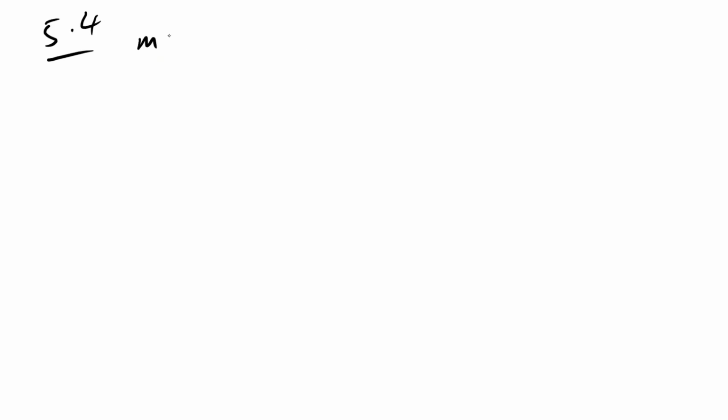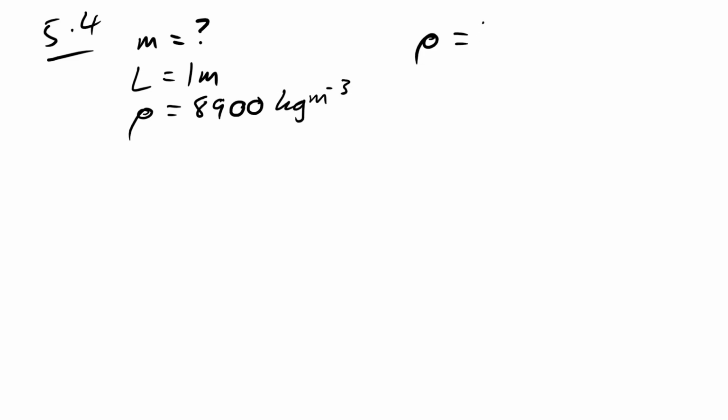So we're being asked to find the mass of a piece of wire. We're told the length is 1 meter. We're given the density of copper as 8,900 kilograms per meter cubed. So density is equal to mass divided by volume. Therefore, mass is going to be equal to density times volume. So therefore, we need a volume, we have a length, so we need the area as well.